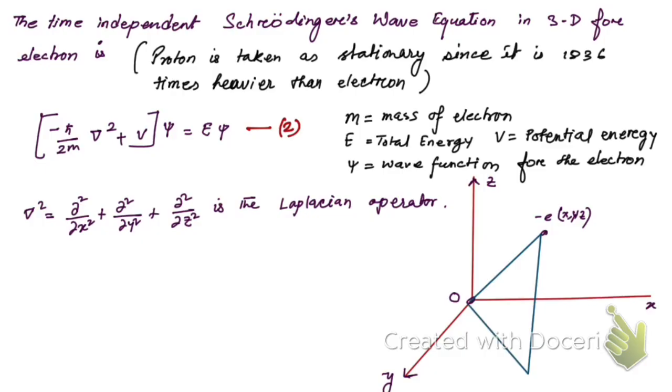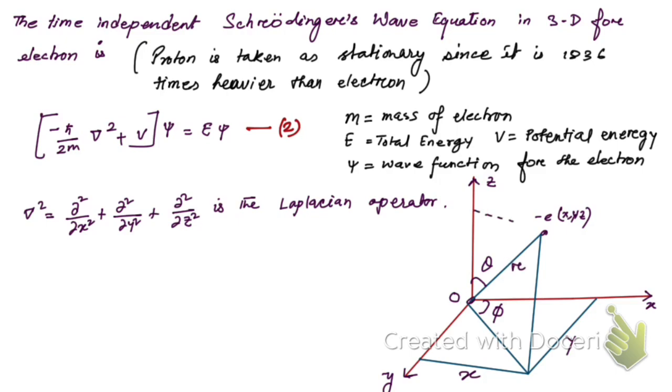Let me draw the perpendiculars, the projections of this electron on the planes. So here you see this is x and y. Now here I have taken this angle as phi, this angle as theta, and this side is r.